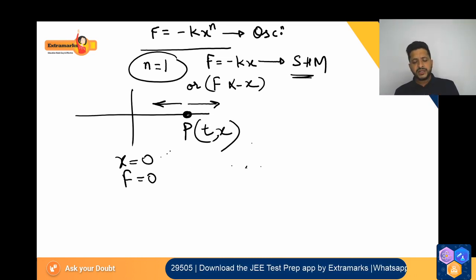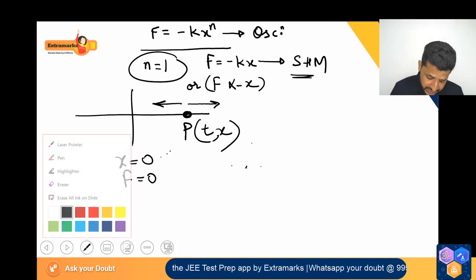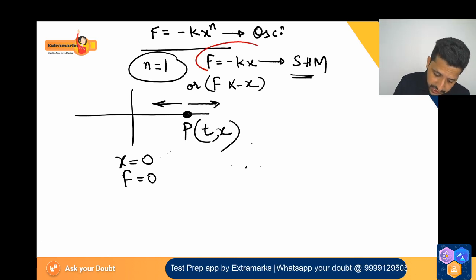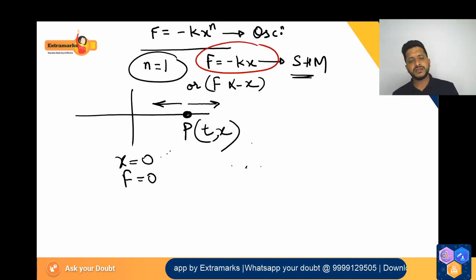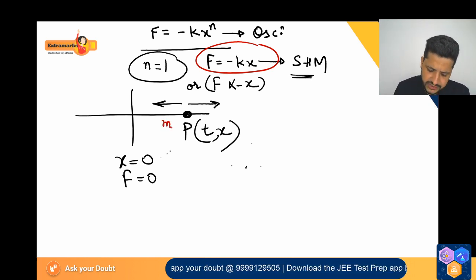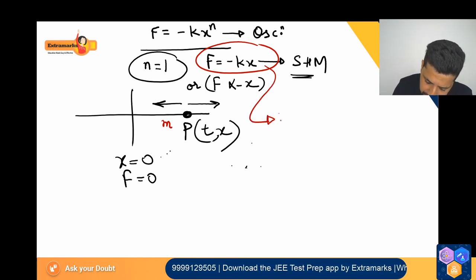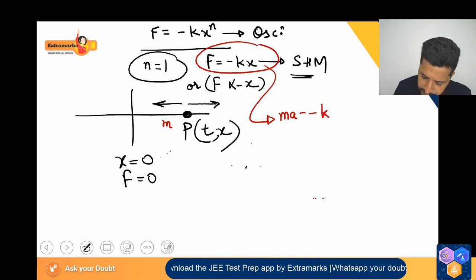So this particle will show SHM if it satisfies this equation. What is that equation? F equal to what? Minus kx. And if we look at it further, this particle may have some mass, say m kgs. Then this equation gets further converted into, instead of force, Newton's second law, mass into acceleration is equal to minus kx.